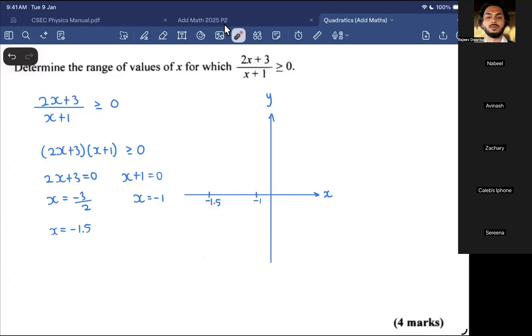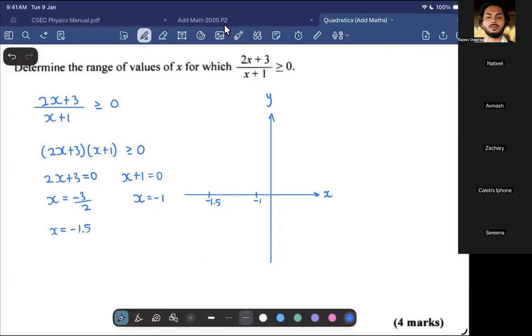Okay, cool. Next, you need to figure out if the quadratic is going to be a maximum or a minimum. If I were to expand this out, what would the coefficient of the x squared term be?